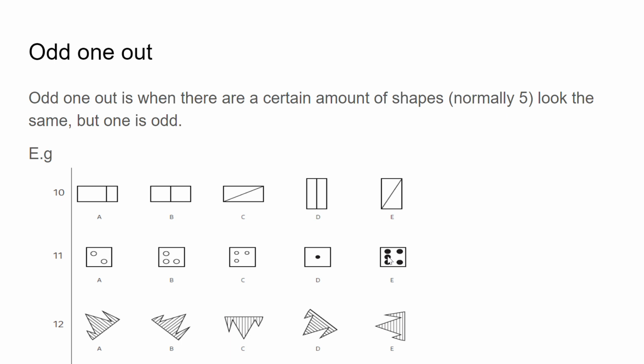But D is not, as D, when you rotate it so that it is flat, D would be the odd one out because the pointy top is at the left side, where the pointy top on the other ones is on the right side.